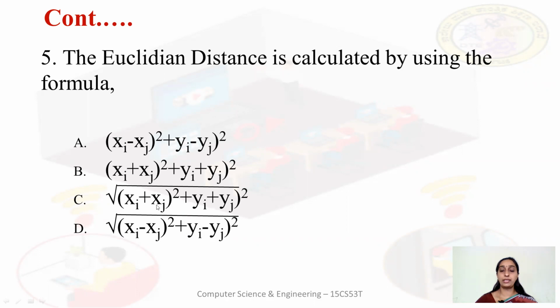Yes, what is the Euclidean distance formula? That is square root of xi minus xj whole square plus yi minus yj whole square. That is answer D.